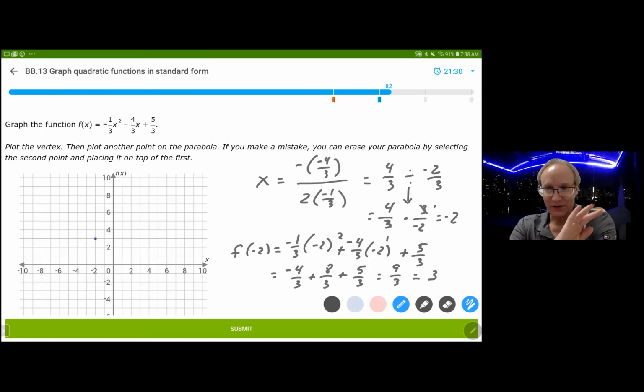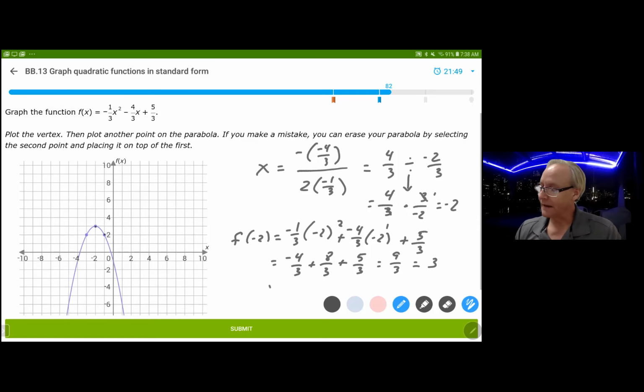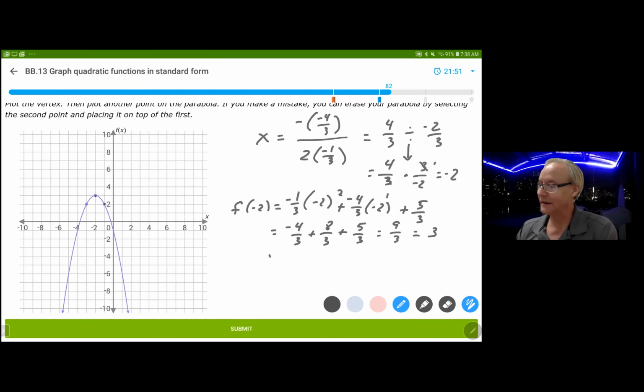Okay, so here's the part where I'm going to have to mess with my graph a little bit. So if this was a -1, instead of a -1/3, it would look like this, wouldn't it? That would be it. Simple. Now, the problem is that the leading coefficient is not -1. My a value is -1/3.